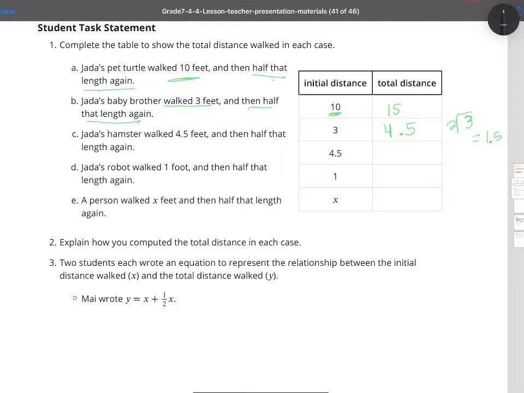So then it said Jada's hamster walked 4.5 feet and then half of that length. Same thing applies, I want to divide by 2. How many times could 2 go into 4? 2 times.